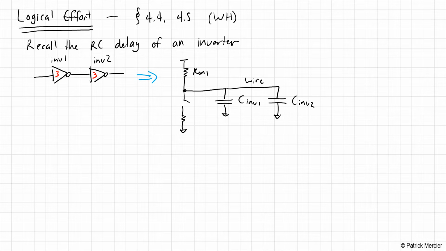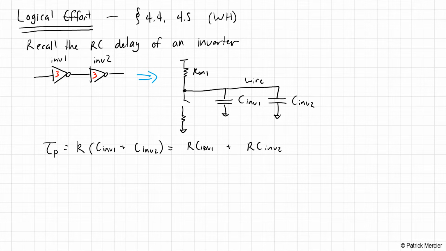Okay, so what we say is that the propagation delay is equal to R, the R on of, in this case, our PMOS transistor, times CINV1 plus CINV2, okay, which of course is equal to R times CINV1 plus R times CINV2.